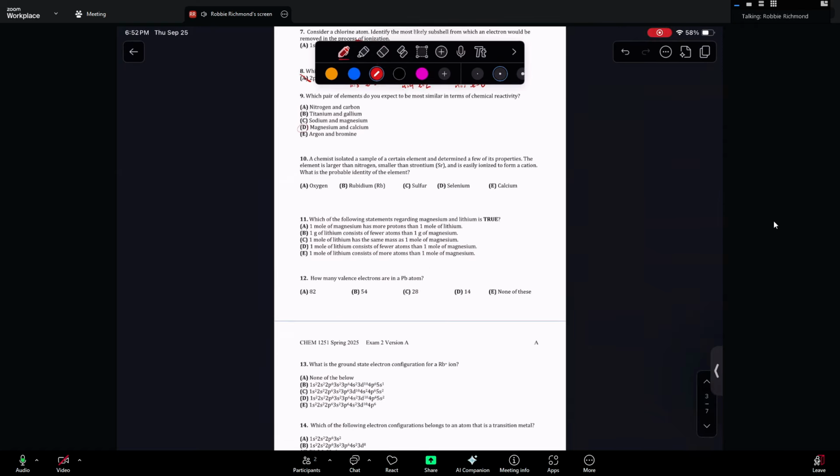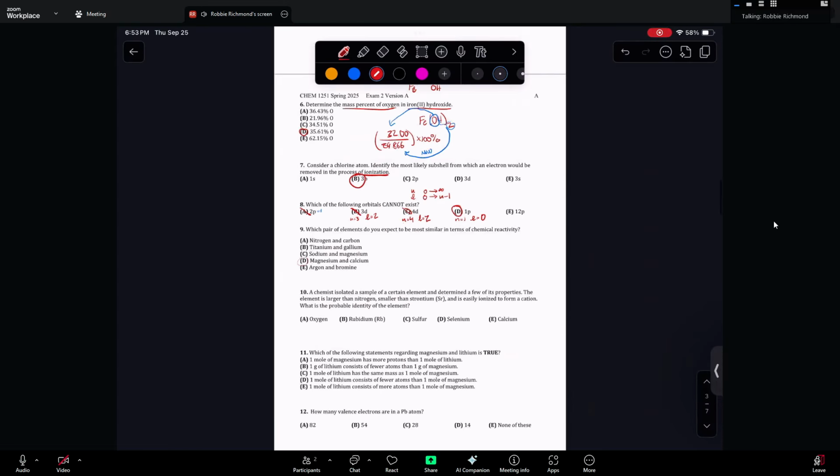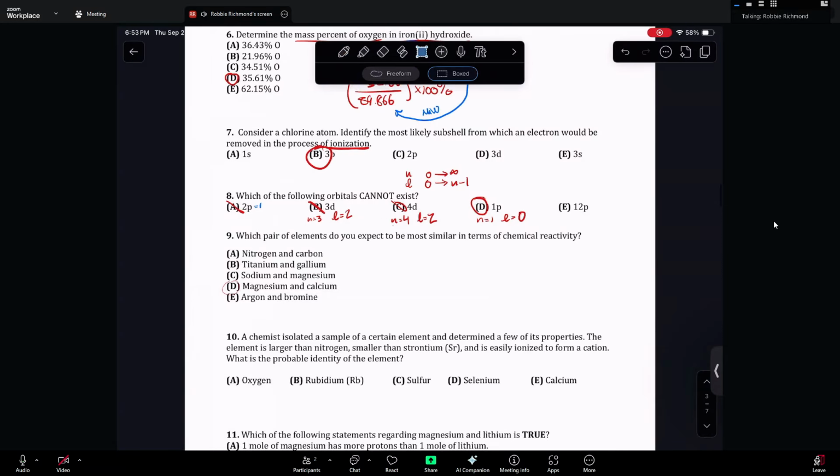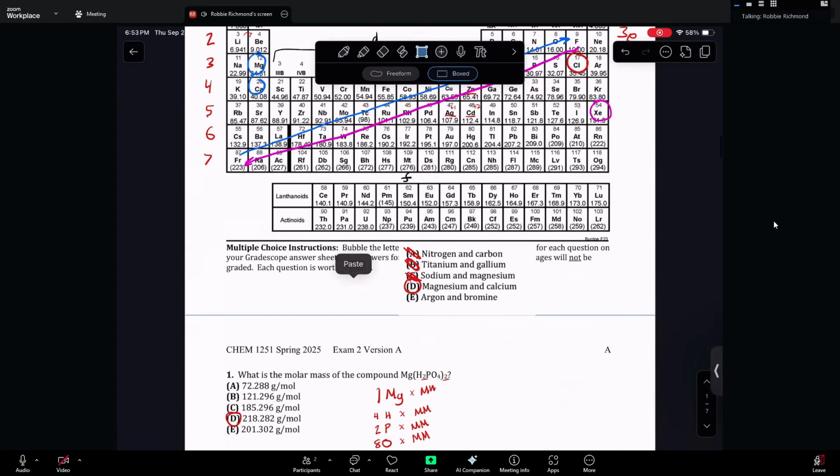A chemist isolated a sample of a certain element and determined a few of its properties. The element is larger than nitrogen, smaller than strontium, and easily ionized to form a cation. What is the probable identity of this element? Okay, a lot to unpack here. Let's take this and start looking at our periodic table one more time. Let's find a new color for this.